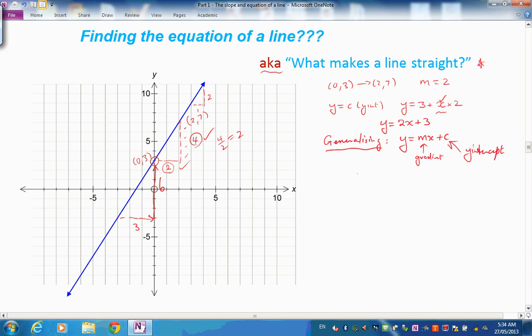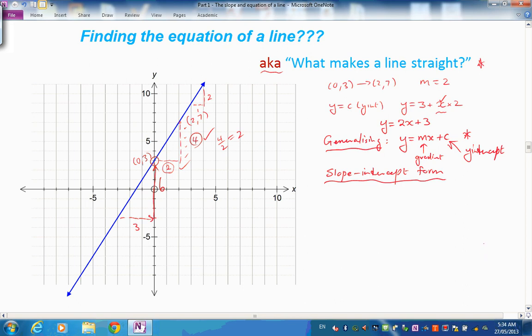This is called the slope-intercept form. That's the way a lot of people think about it, and it's a good tool for doing it. Find the slope, find the y-intercept, and construct that equation.